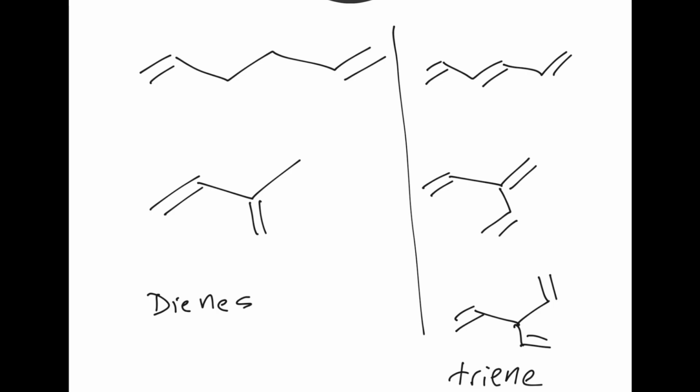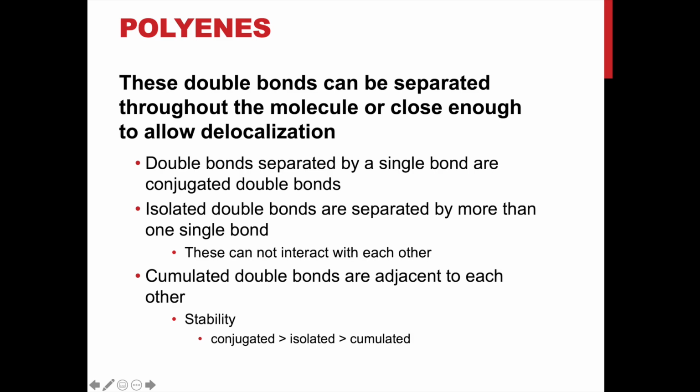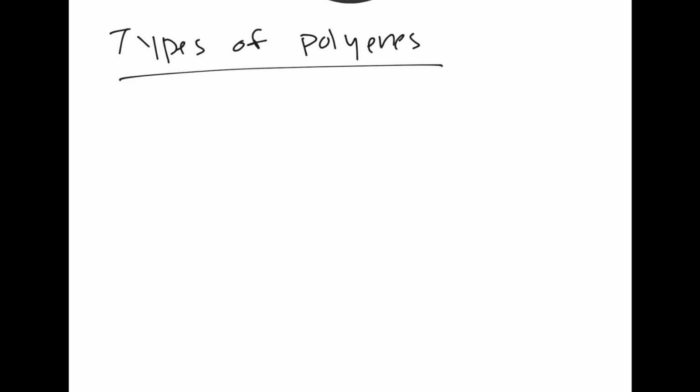Now, we can categorize the different types of dienes and trienes and tetraenes. So we're going to talk about types of polyenes. Polyene is just poly for more than one, multiple double bonds.